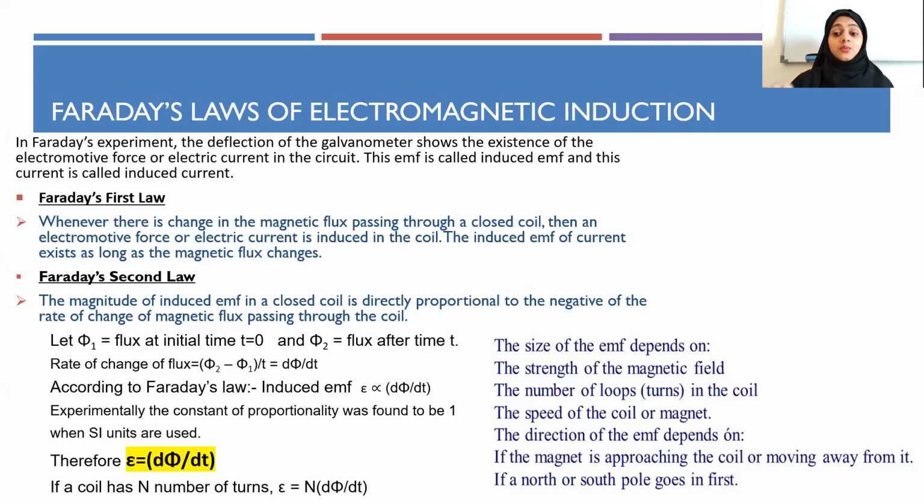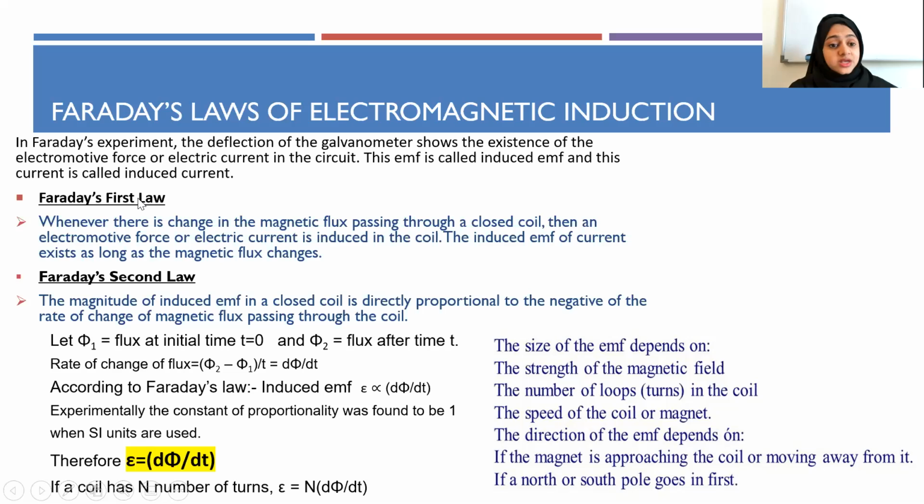In the third case, when the coil connected to a battery is switched on and off, momentarily there is galvanometer deflection. In all these cases, the galvanometer deflection shows the existence of an electromotive force or electric current in that circuit. That EMF is called the induced EMF, and that current is called the induced current. Is that clear? That is the newly produced EMF or current. I just wanted to remind you of those experiments.